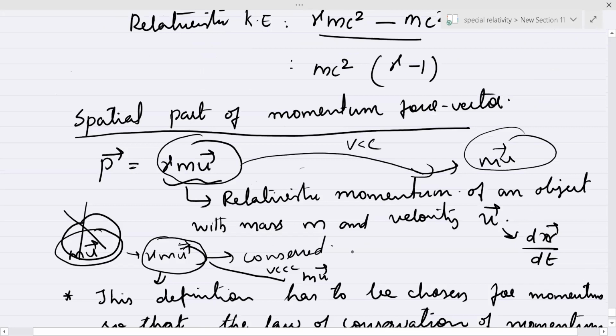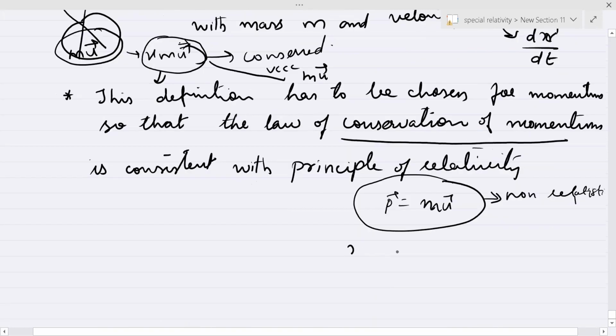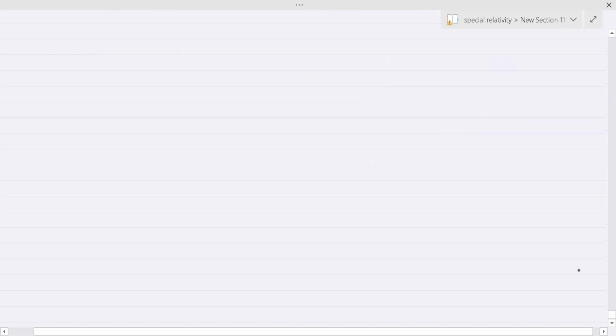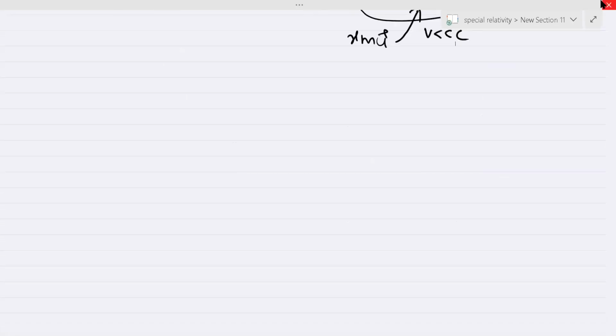But the generalized form is gamma mu vector, and it has the nice property that it reduces to the Newtonian momentum when v is much less than c. So all this argument suggests that this is a good definition for momentum. It has all the necessary properties. It's conserved, and it reduces to the usual momentum that we are familiar with in the non-relativistic limit.